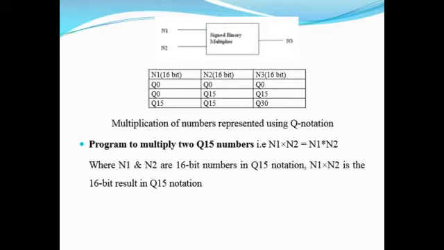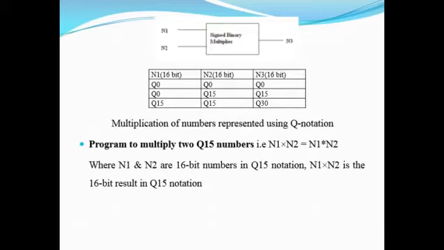So if I consider Q0 format for the first number n1, then Q15 for the second number n2, then Q15 will be the resulting value n3, which is the product of n1 and n2. And if I go with Q15 for the number n1, and again Q15 for the number n2, the result n3 is Q30.